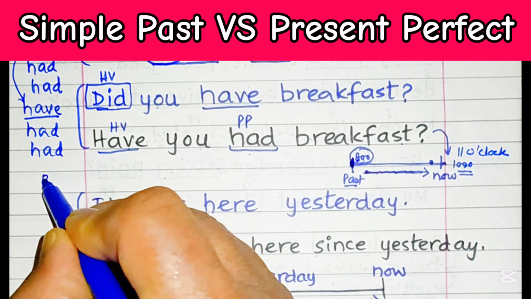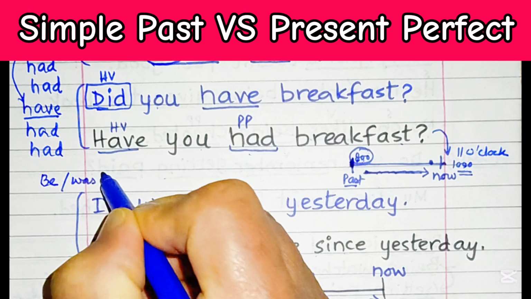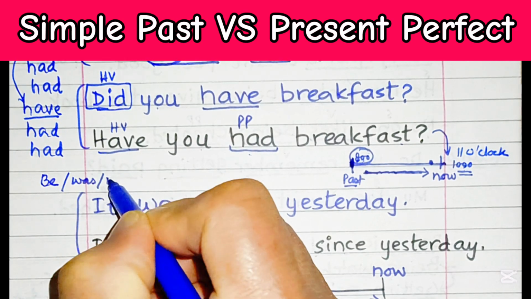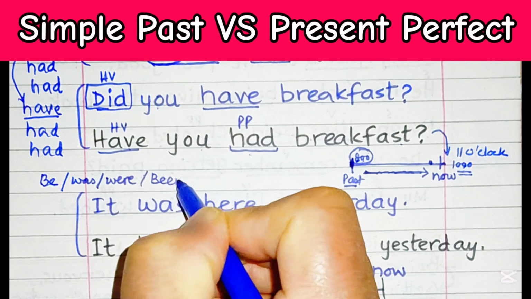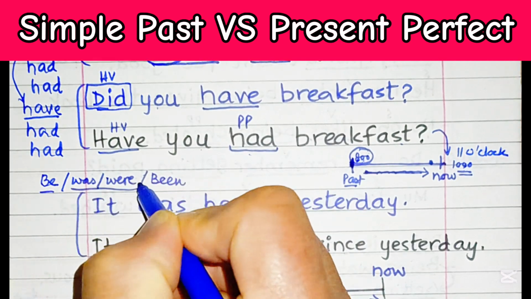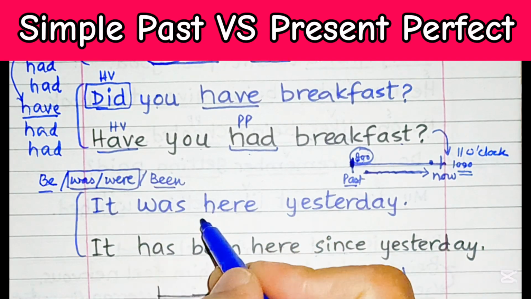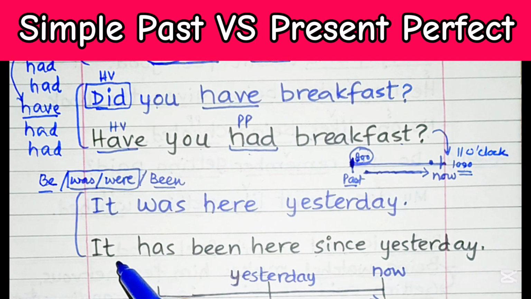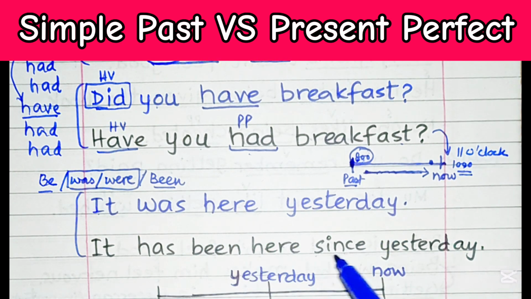We know that be is the simple form, and the past form of be is going to be was or were, and the past participle is going to be been. Be, and then for past was or were, and then been. I was here yesterday, or it has been here since yesterday.